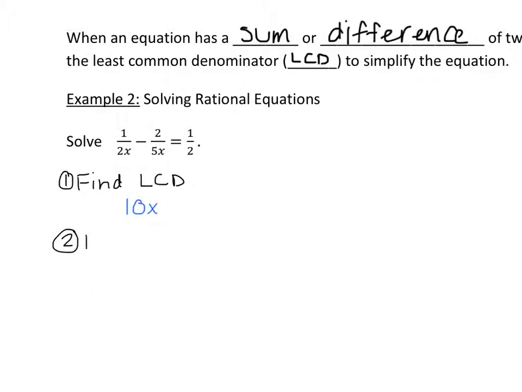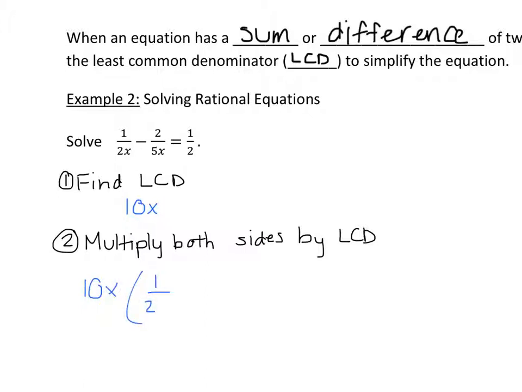Multiply both sides by 10x, or by the LCD. So it'll be 10x times 1 over 2x minus 2 over 5x equals 1/2 times 10x.